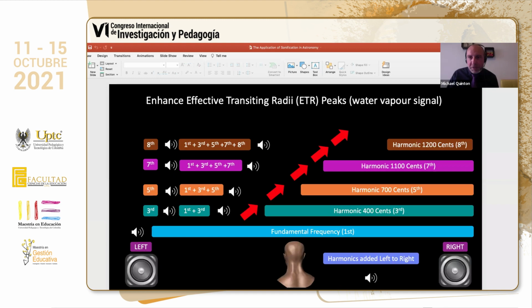And there's a particular effect called the Smark effect. What happens with the Smark effect is that a non-musical person will hear changes in elevation. Okay, so elevation, we're talking about not going from left to right on a flat plane. What we're hearing is the signal stepping up. We hear it as if it's getting higher. And to create this illusion, you need to change the pitch and shift it from the left to the right speaker, to change the timbre and shift it from the left to the right speaker.